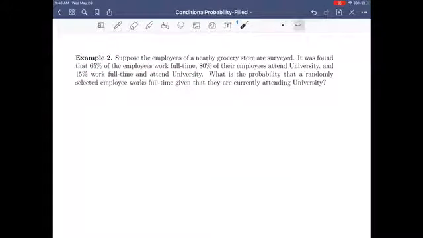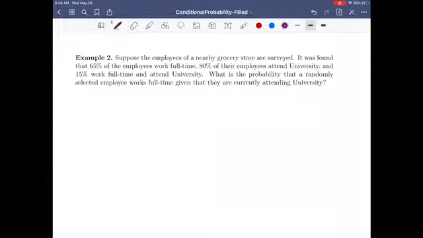We're going to randomly select an employee. What is the probability that a randomly selected employee works full-time given that they are currently attending university? We're only going to talk to the ones that are attending university.